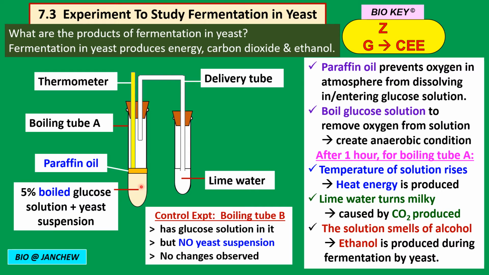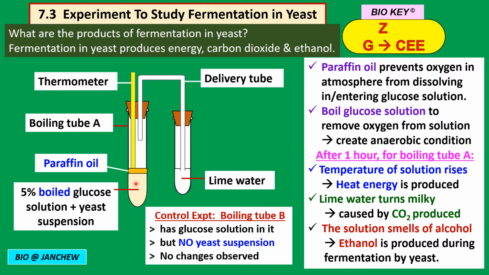Okay, so let us look at the procedure first of all. So fill two boiling tubes, A and B also, with 15 ml of 5% glucose solution that has been boiled and left to cool. Okay, so the first step to creating the anaerobic condition where there's no oxygen is to boil the glucose solution to expel or remove all the oxygen from the solution.